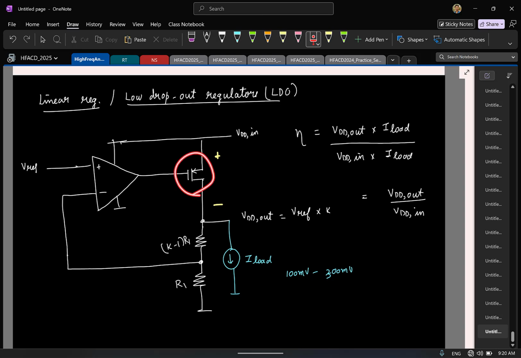Then we don't use a normal PMOS here because a normal PMOS cannot handle such high currents. So we tend to use a particular kind of MOSFET called power MOSFETs, which are rated to handle large current. That is just one minor thing. The other point is, although this is like a two-stage op amp, the actual considerations in this circuit are slightly different, and we'll briefly look at some of those considerations.